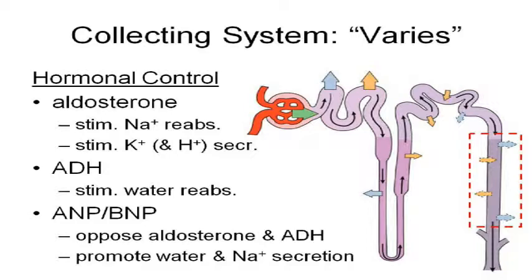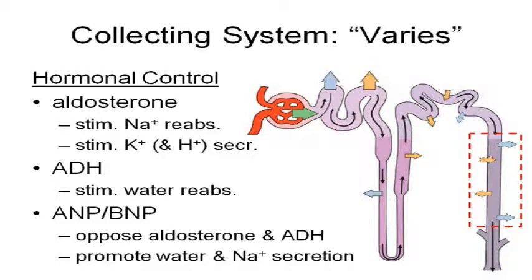Again, the hormones come into play majorly right here, and a little bit on the distal end. We talked about aldosterone on the distal end of the distal convoluted tubule, and then we're talking about the collecting duct. Aldosterone stimulates sodium reabsorption and potassium and/or hydrogen secretion.